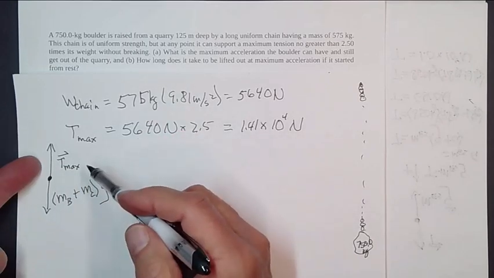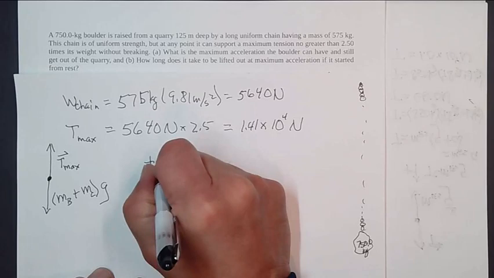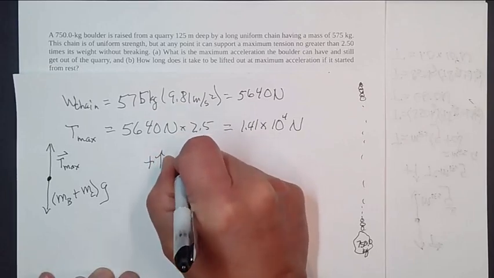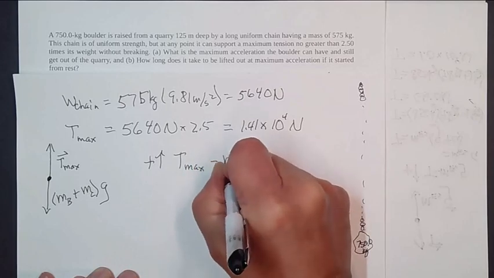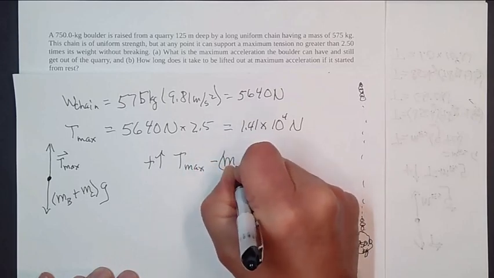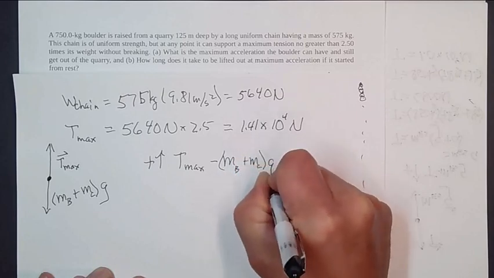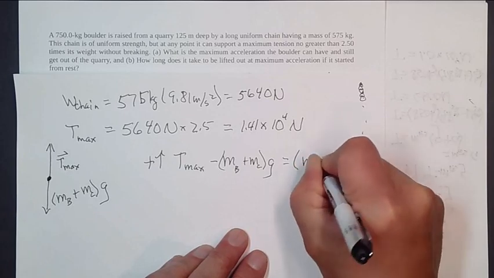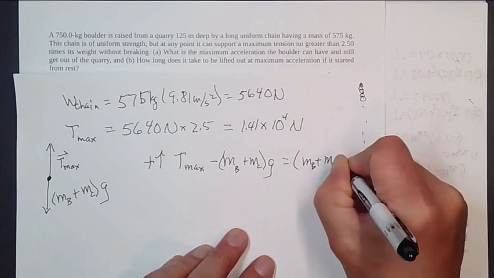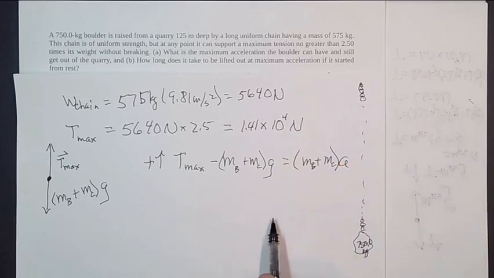And the tension doesn't just support the weight of this, it's also going to be accelerating upward. If I say positive is upward, I'll have T max minus the mass of the boulder plus mass of the chain times g is going to equal the mass of the boulder plus the mass of the chain times whatever acceleration it's going to be given.